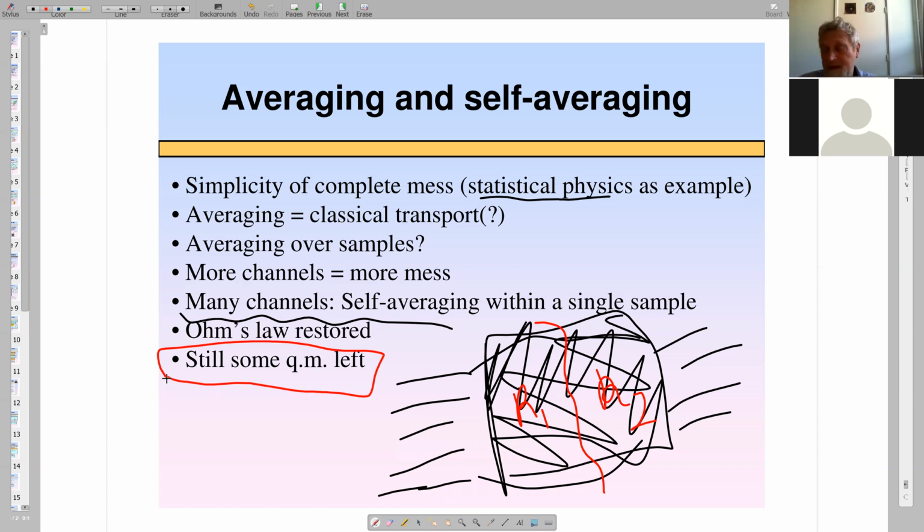But there are circumstances where for structures of this kind, quantum mechanics remains. It's just hardly visible, right? And what I will tell in the end about quantum circuit theory applies to this particular situation.